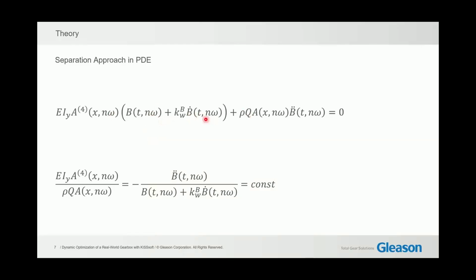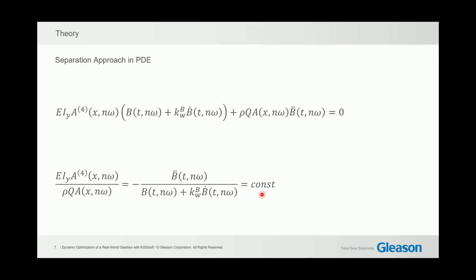Now we can sort everything with a to the left side, everything with b to the right side. That gives us this fraction with the components of a equal to minus this fraction with all the components for b. Since on the left side we have only x, on the right side we have only t, both of these fractions need to be constant with some constant.